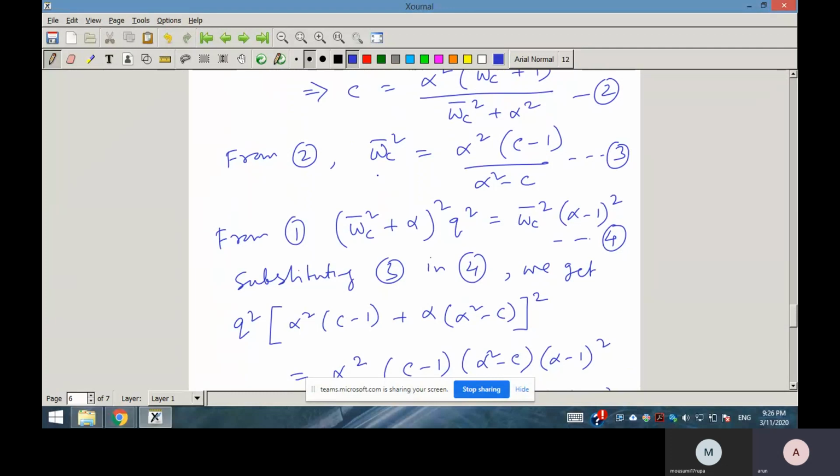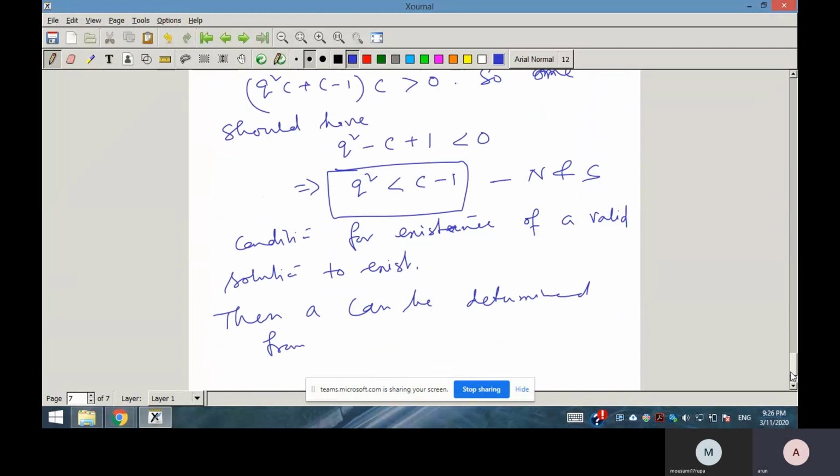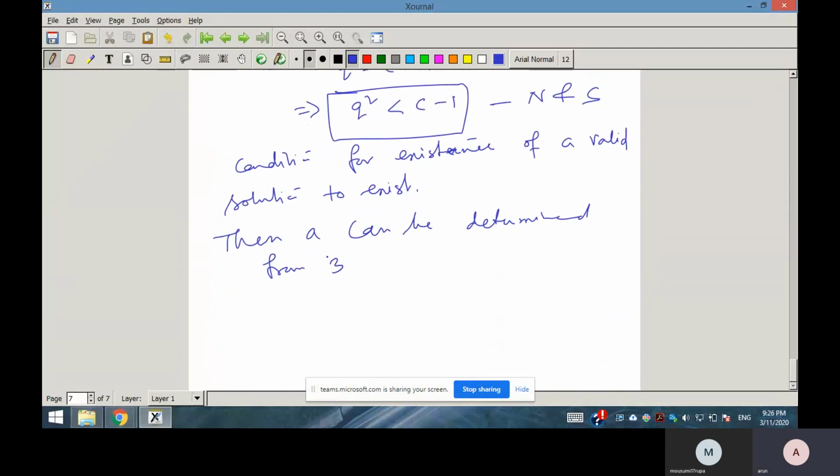From this expression, from 3, omega C square divided by S square equals alpha square into C minus 1 by alpha square minus C. So A can be determined from 3 as A equals omega C divided by alpha into root under alpha square minus C divided by C minus 1.